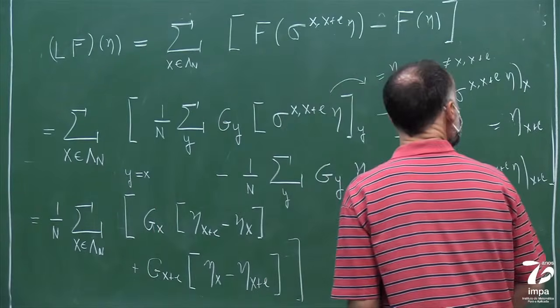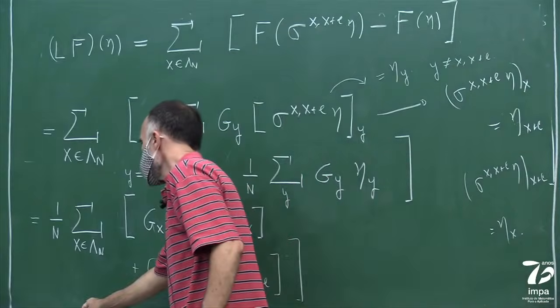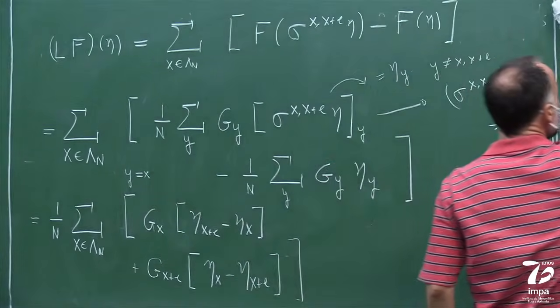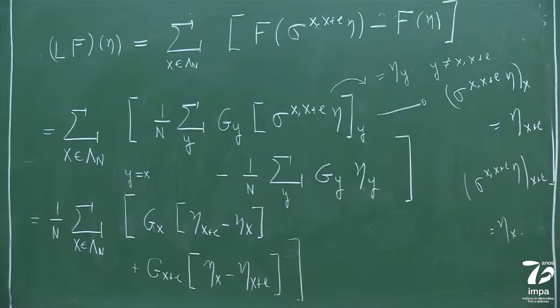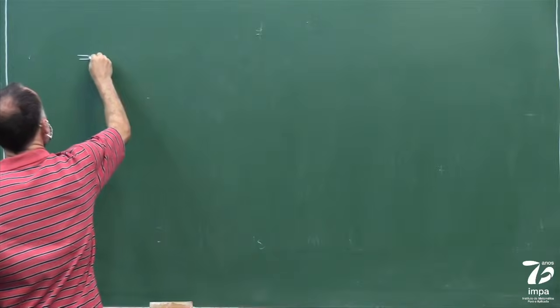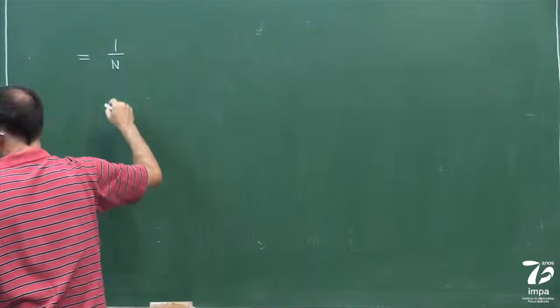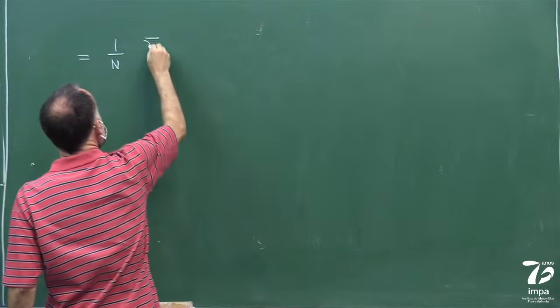Okay? So, in conclusion, this is equal to 1 over n, the sum over x.